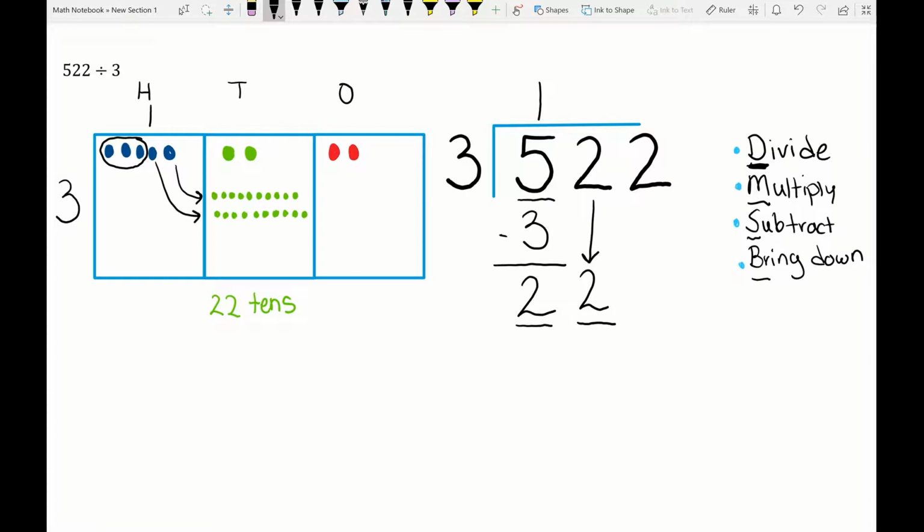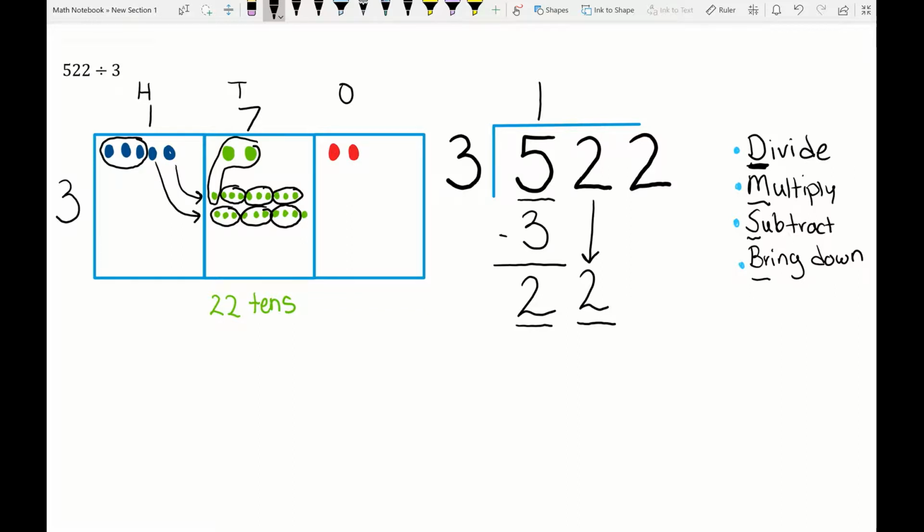I'm going to divide to see how many groups of 3 I can make. We divided 22 tens into 7 groups of 3 with 1 remaining.